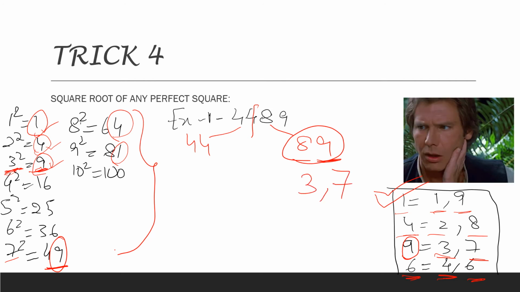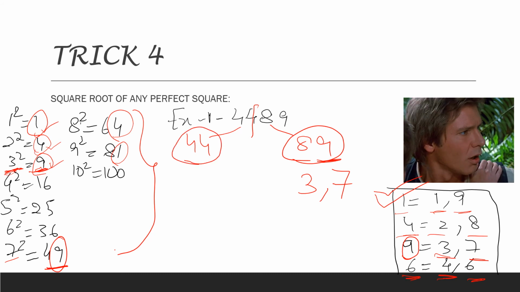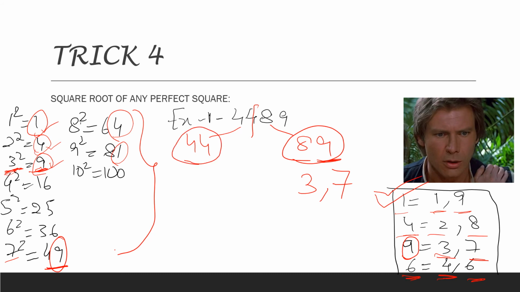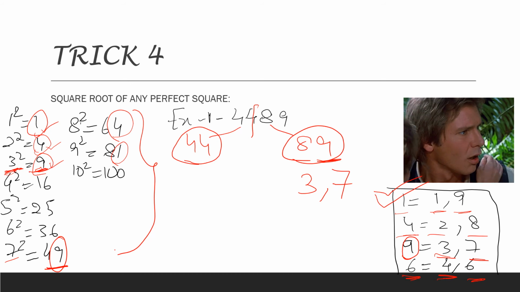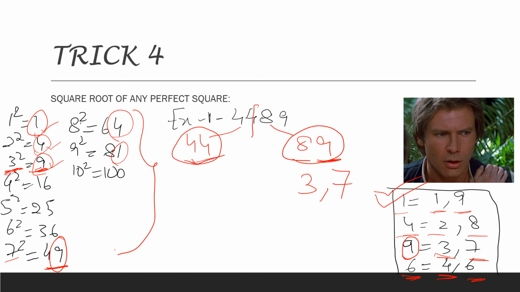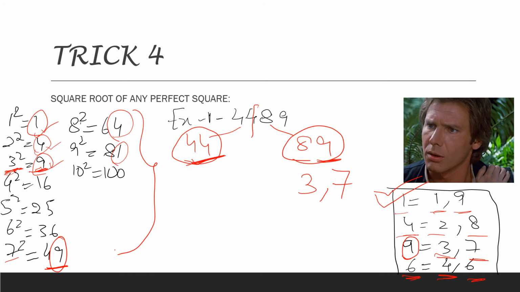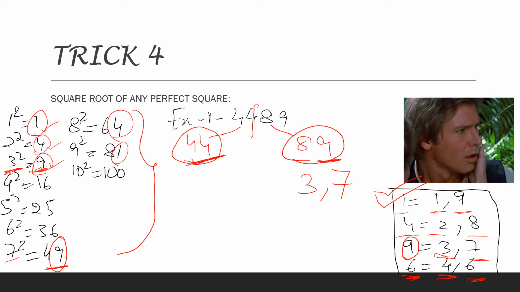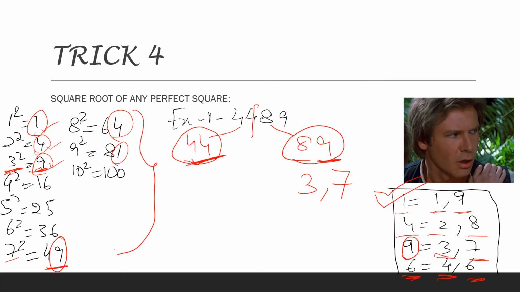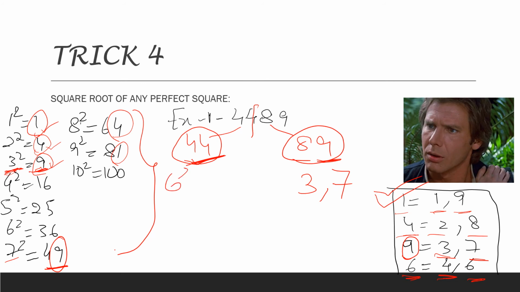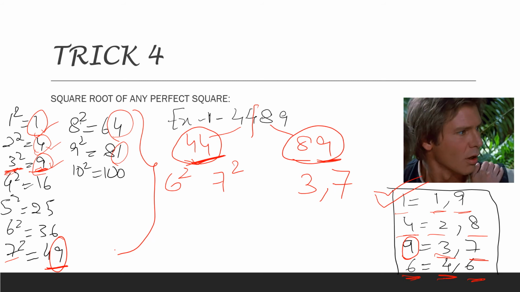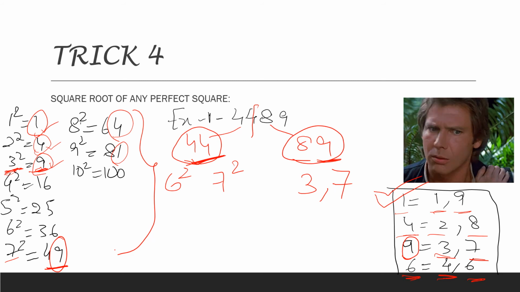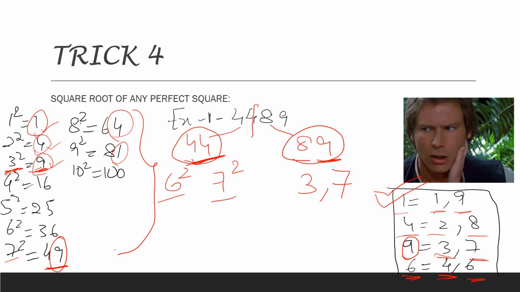Now in the front numbers, you have to find the nearest perfect square numbers to this number 44. To this number 44, the nearest squares are 6 square, which is 36, and 7 square, which is 49. Taking these two numbers, you have to compare which is the smallest one.